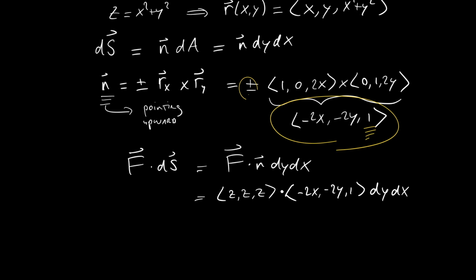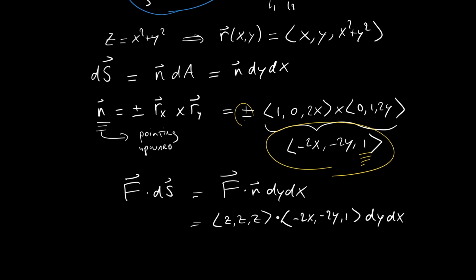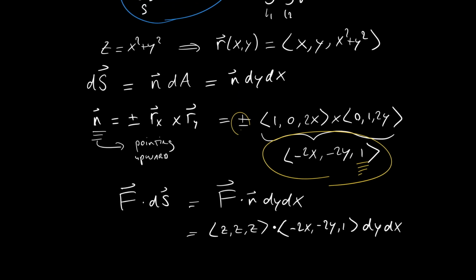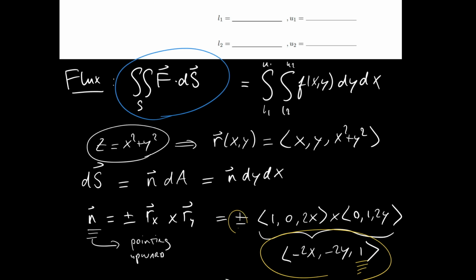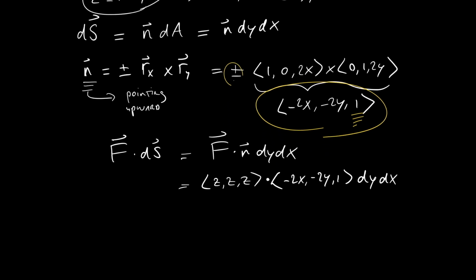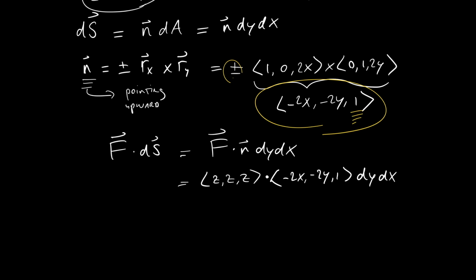Of course, we're not integrating just anywhere. We're integrating on the given surface, for which we know that z is equal to x squared plus y squared. So we're going to use that to rewrite this one step further.